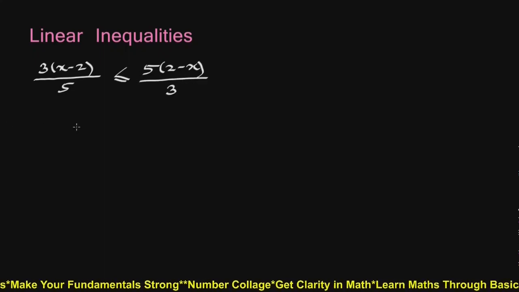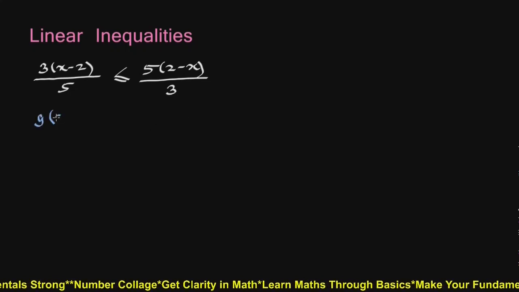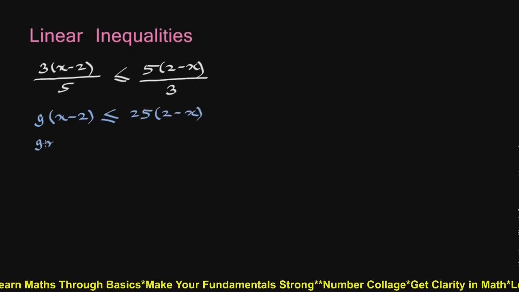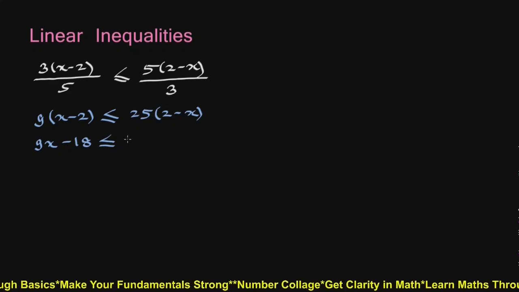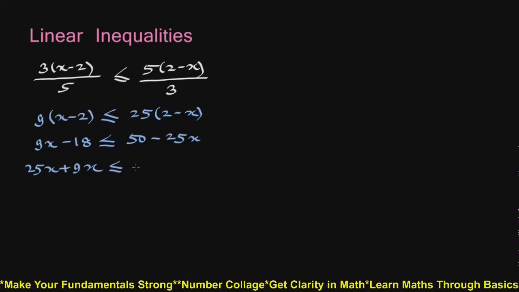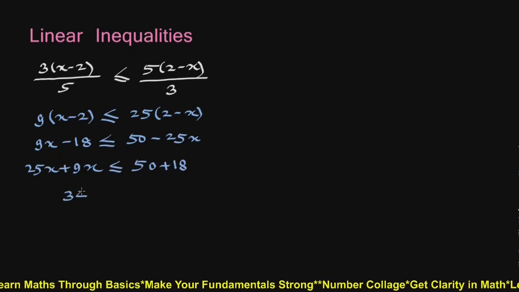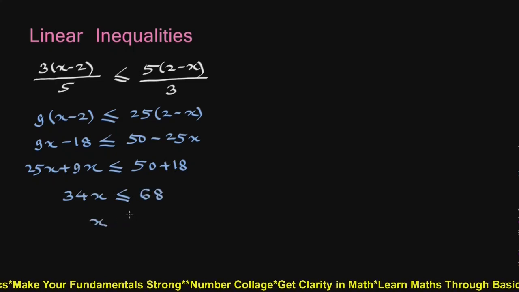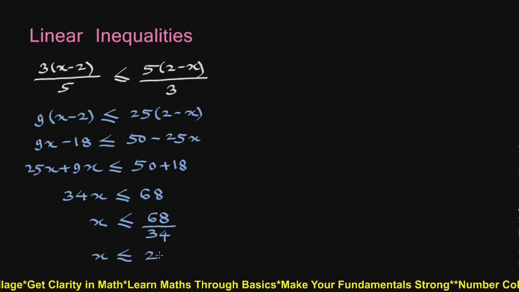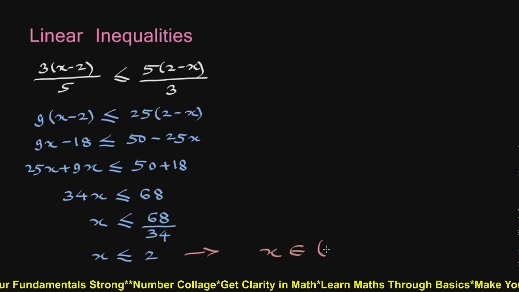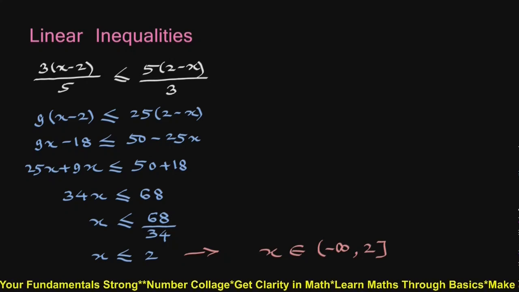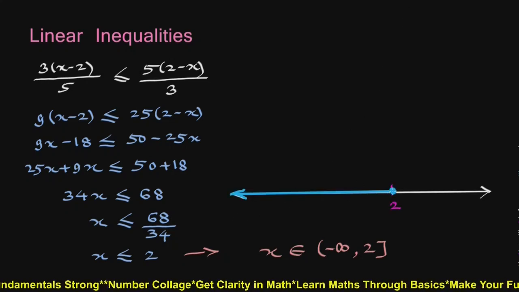In the first step, by cross multiplication, we get 9 into x minus 2 less than or equal to 25 into 2 minus x. 9x minus 18 less than or equal to 50 minus 25x. 25x plus 9x less than or equal to 50 plus 18, 34x less than or equal to 68, x less than or equal to 68 upon 34, x less than or equal to 2, which is x belongs to open interval negative infinity to closed interval 2, or on a number line from negative infinity up to 2 including 2.